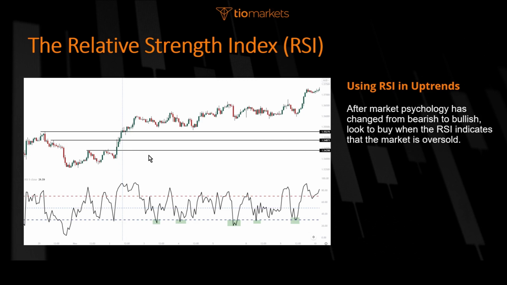That's where we only look for buy signals. The RSI moves to below the 30 level, and we get a signal. Nothing works 100% of the time, but there are good indications. If you combine the trend analysis with the RSI, then you have a good chance of getting it right.